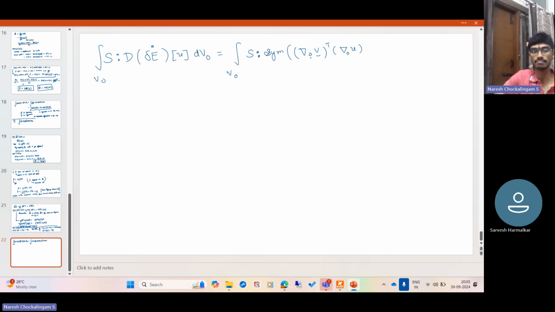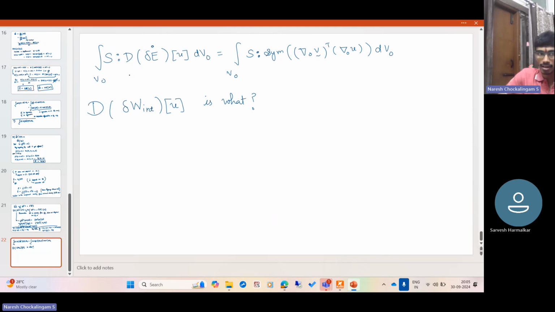It's not dot, this is the material gradient, right? It's not dot. So therefore, what is the linearization of the internal virtual work in the direction u?